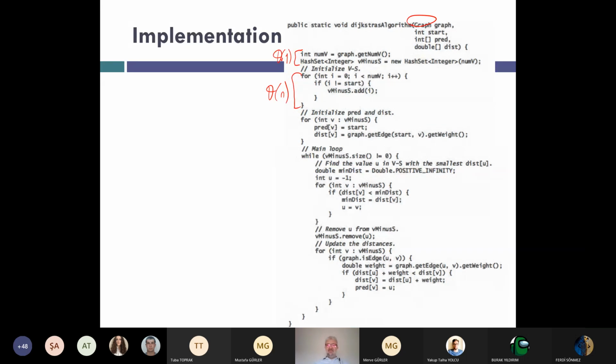You have to be careful. So the running time here will be theta n if it is adjacency matrix. Let's assume that it is adjacency matrix. If it is adjacency list, it's gonna be O(n squared), as I said.